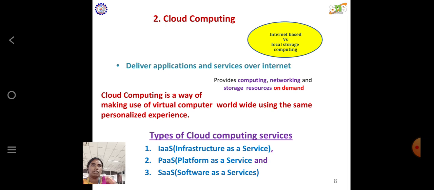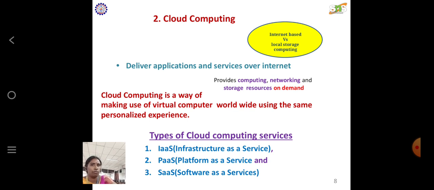The NIST cloud computing reference architecture defines 5 major actors: cloud consumer, cloud provider, cloud carrier, cloud auditor and cloud broker. So each actor is an entity that participates in a transaction or a process and performs tasks in cloud computing. So cloud consumer means a person or organization that maintains a business relationship with and uses service from cloud providers.